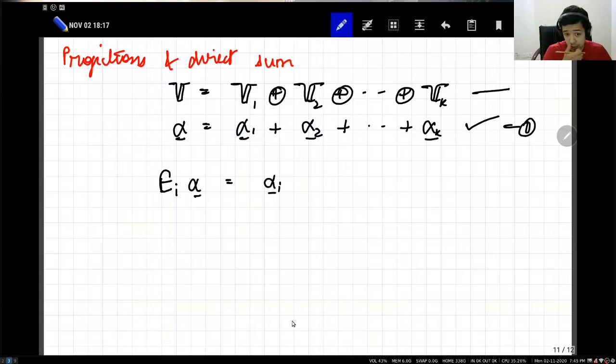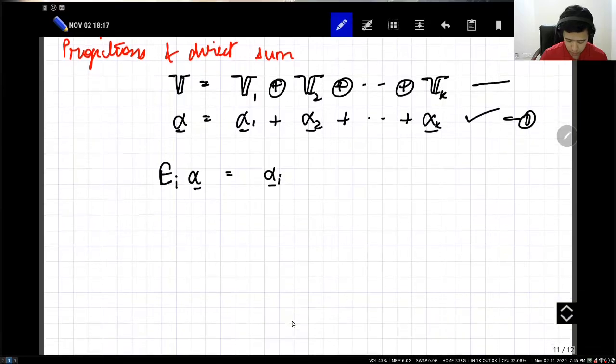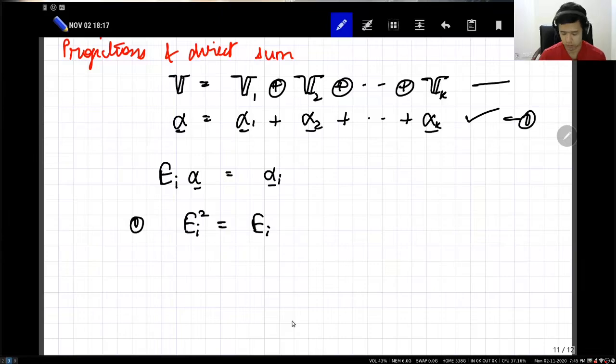So this is a linear transformation, which maps every alpha to the corresponding alpha i, right? So the ith linear transformation maps alpha to the vector alpha i, which is uniquely determined by this representation, right? So this is true. So what properties do these Ei's have? So firstly, Ei squared equals Ei, that should be obvious, right?